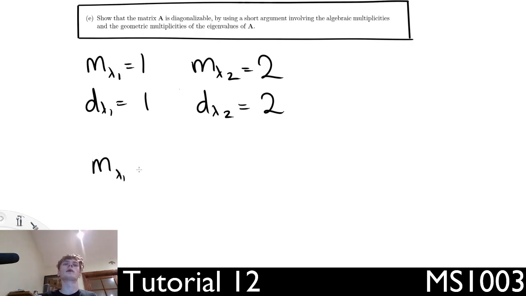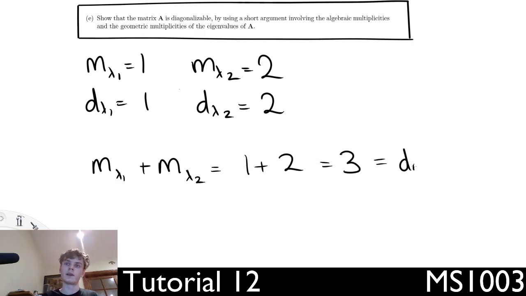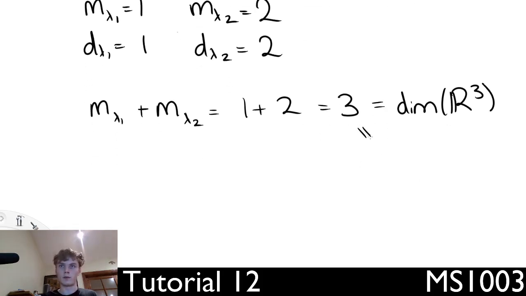We can quickly see that if I add the algebraic multiplicities together, that's 1 plus 2, and it's 3. And 3 is the dimension of the space we're working in. 3 is also the size of our matrix A. I don't know why I wrote n by n. A is a 3 by 3 matrix.